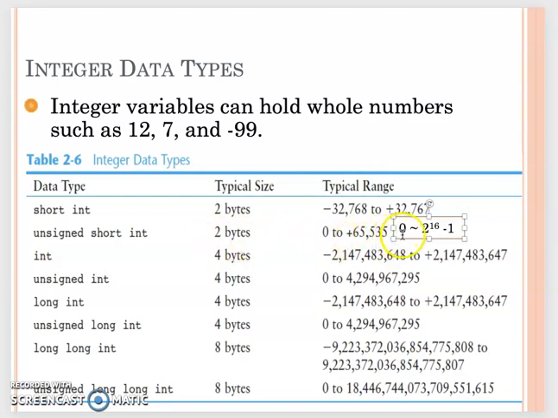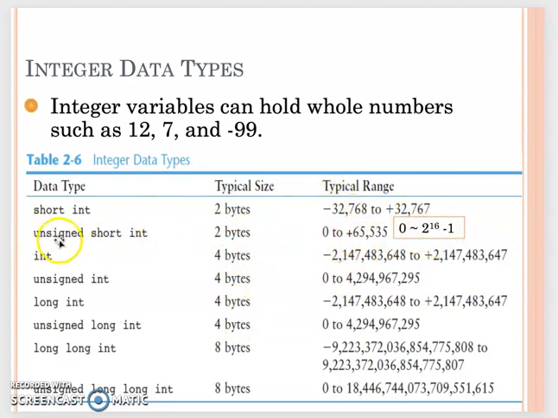Because we start from 0, and because you have 2 bytes, that means you have 16 bits. Each bit can be 0 or 1. So the total value can be 2 to the 16 power minus 1. That's how you calculate it: according to your memory size being different, the range of how much you can save is different.